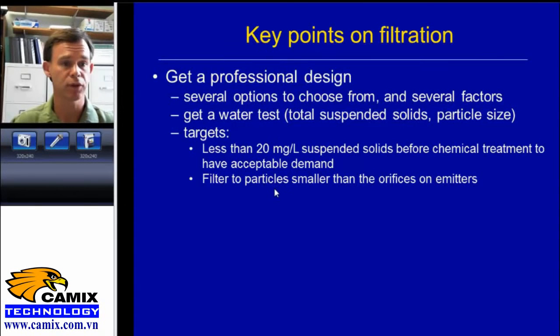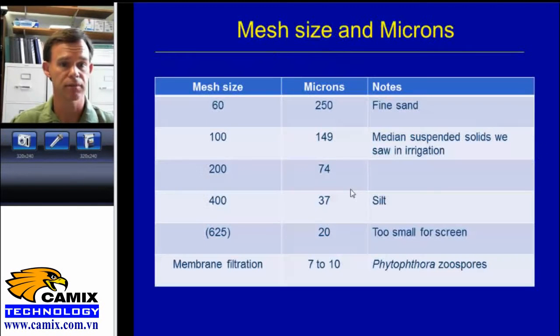We also want to make sure that our last filter is filtering down to a particle size that is smaller than the openings on any of our emitters, especially if you've got a drip or a mist system. And here are some of the sizes of mesh, which you're probably familiar with, and the diameter.